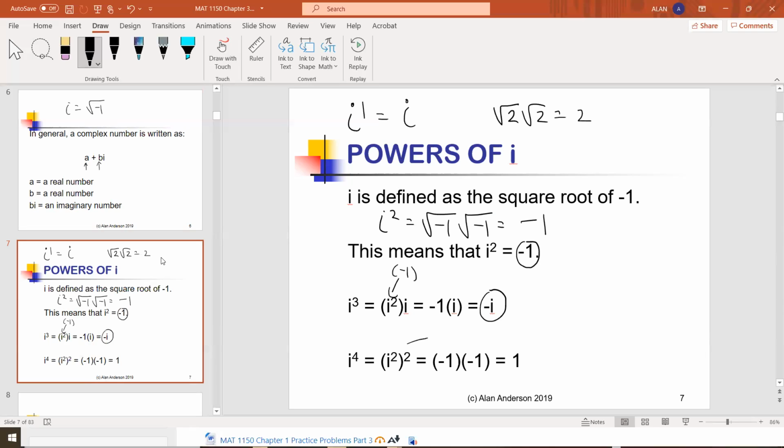Now, by the way, this can also be written as i squared times i squared. That probably was a better way to go, but it doesn't matter because you can see this is -1 times -1. So i to the fourth is +1. Interesting. So let's recap that. i to the 1 is i, i squared is -1, i cubed is -i, and i to the fourth is 1.